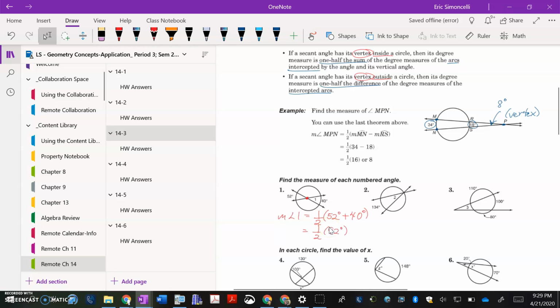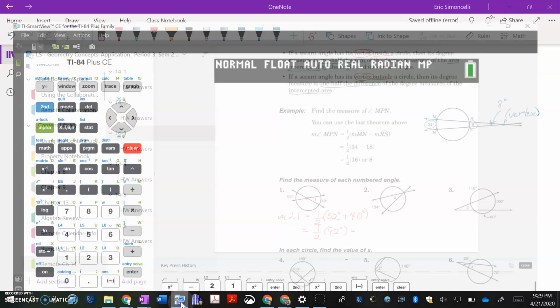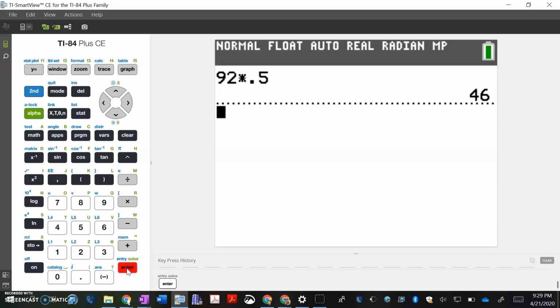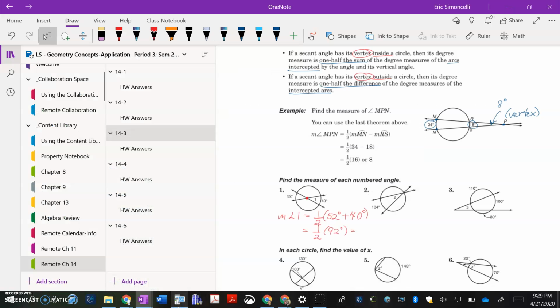And that then ends up being, if we just simply do the math, half of 92, of course, 46 degrees. Wonderful. So that's the angle 1 measure. We could also argue that this angle is also 46 degrees, because they happen to be vertical angles. If you remember that vertical angles are congruent.